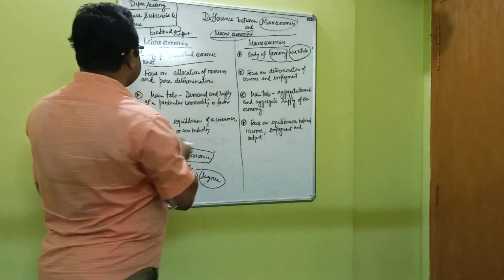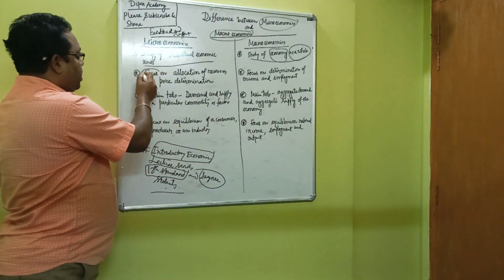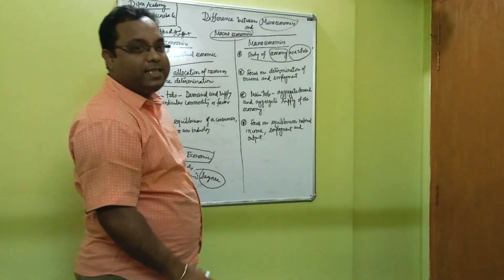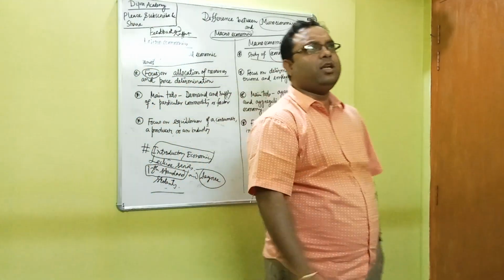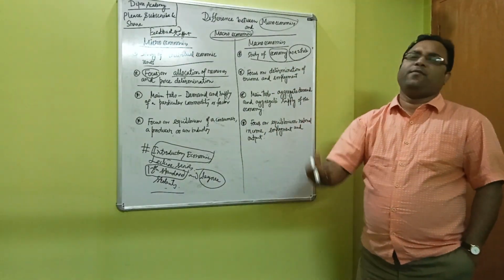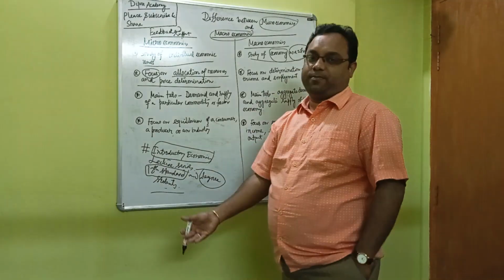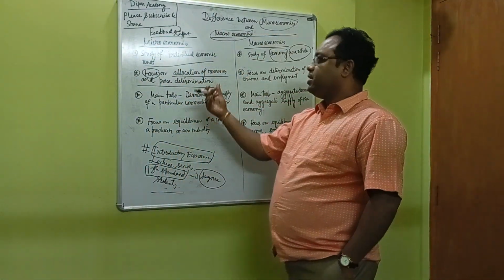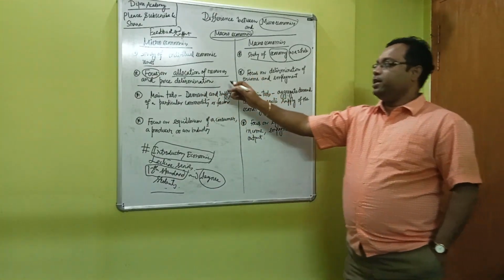So this is the difference. The focus of microeconomics is on the allocation of resources and the price determination of goods and services, and also of factors of production. How the prices of factors of production are determined is studied in microeconomics.